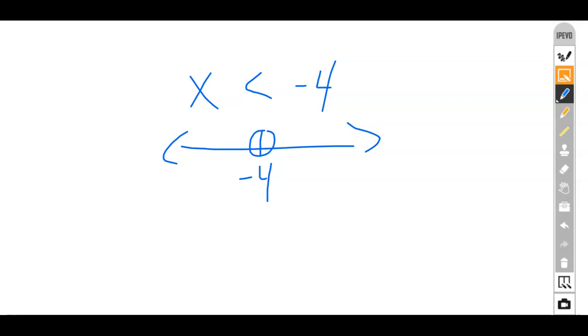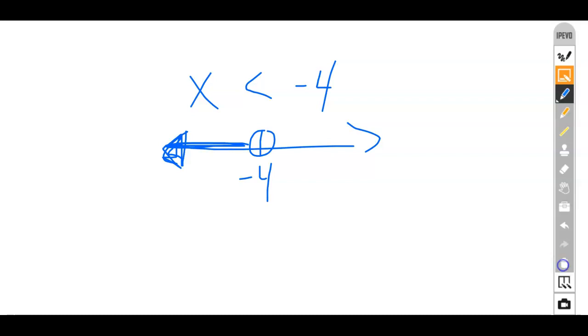Which way do I shade? To the left, because it is read as x is less than negative 4. Numbers that are less than are to the left, greater than are to the right. That's not too bad, right?